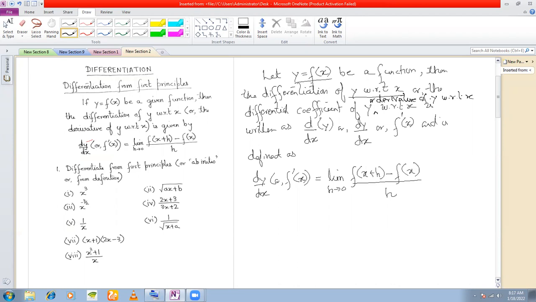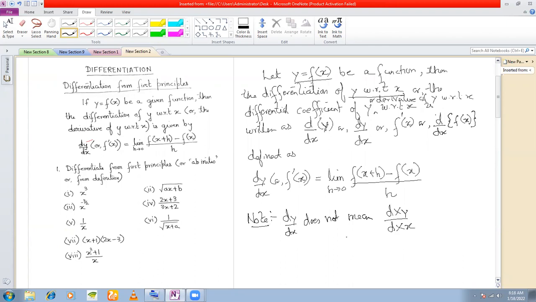Okay, and it is written as d/dx of y, or dy/dx, or f dash x, or you can also write this as d/dx of f(x). Now note, dy/dx does not mean d into y by d into x.